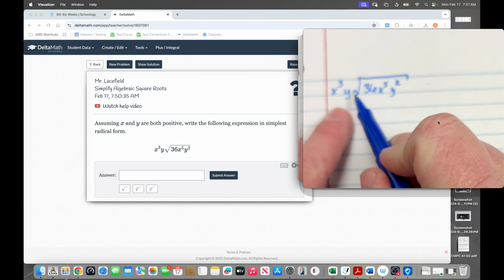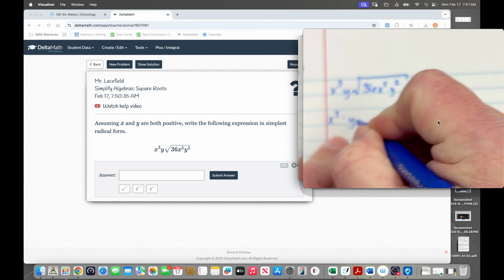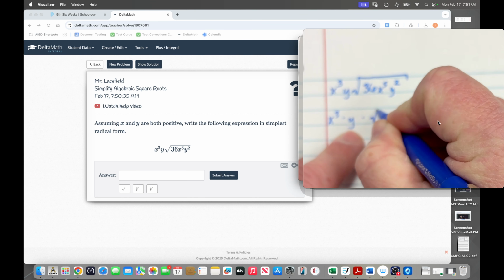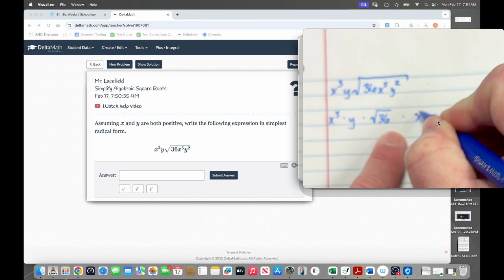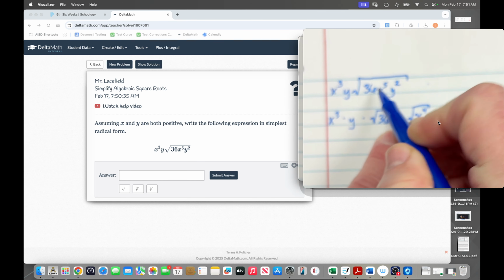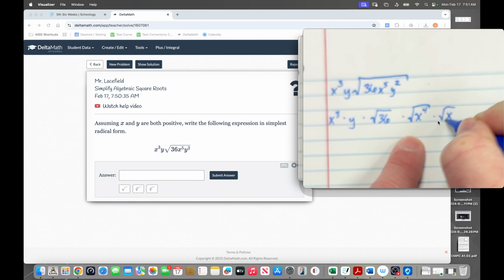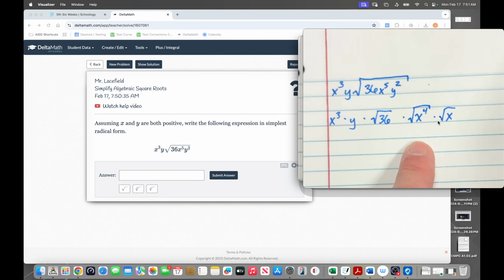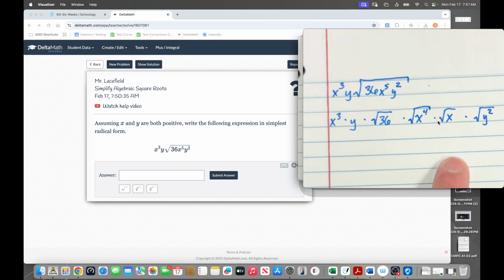Okay, first things first. This is x to the third times y times square root of 36 times square root of x to the fourth. We got an odd power times square root of x. So 1 plus 4 is 5 times square root of y squared.